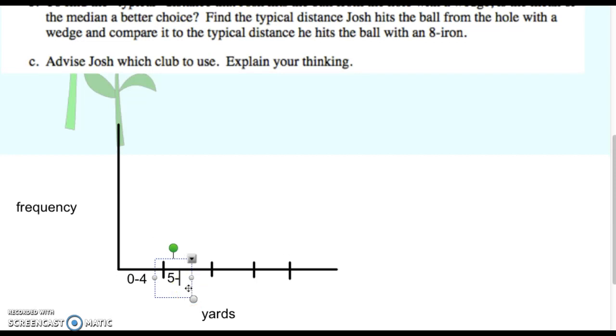And then this would be 5 to 9. And this one would be 10 to 14. Then this one would be 15 to 19. Make that a little bit smaller to fit. And then here would be 20 to 24.